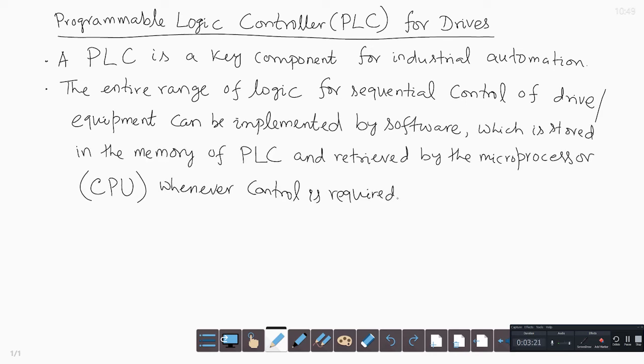The entire range of logic for sequential control of the drive or equipment can be implemented by software which is stored in the memory of the programmable logic controller and retrieved by the microprocessor CPU when control is required. So, a PLC acts as an open loop controller.